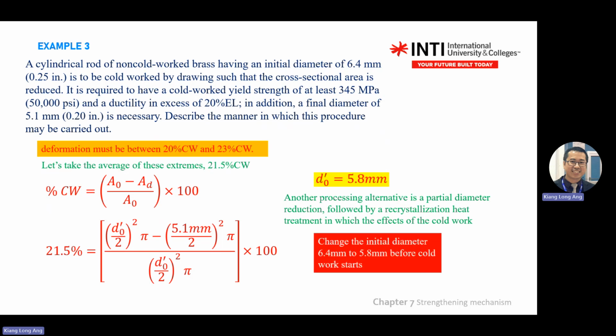So you change the initial 6.4 to 5.8 before the cold work starts. These steps find the average, but the kind of question in your test 2 or final exam, you need to find the range of diameter of your initial.